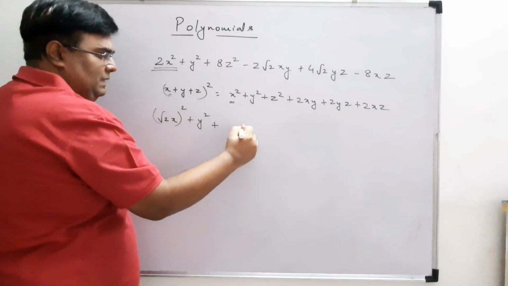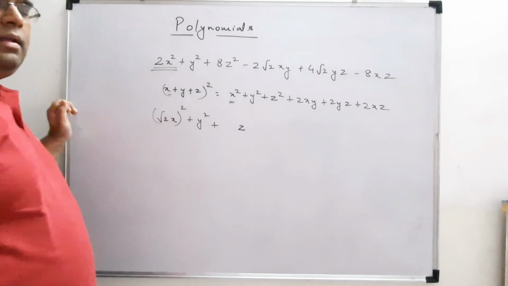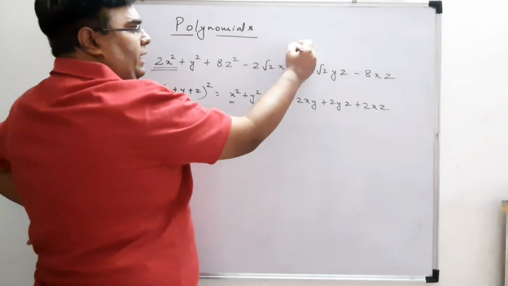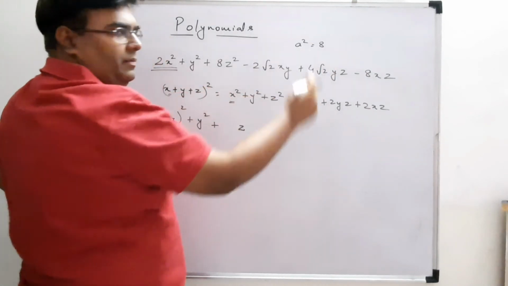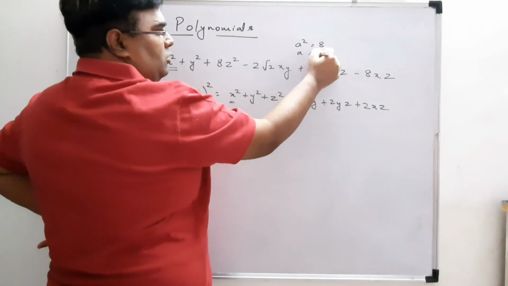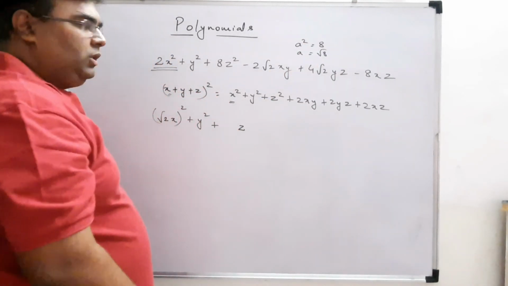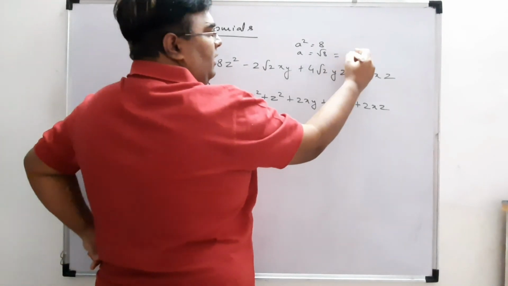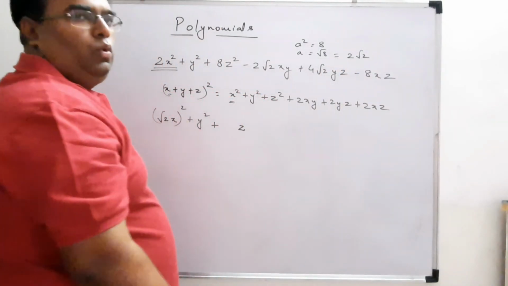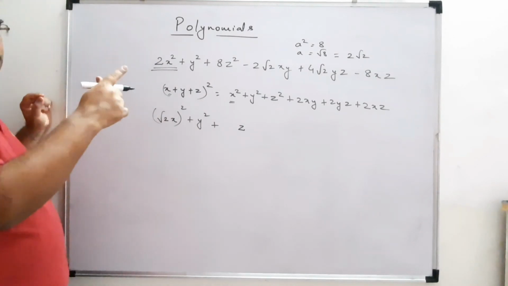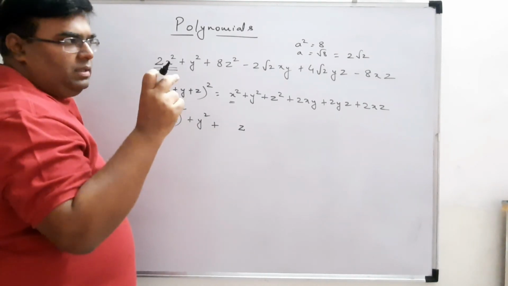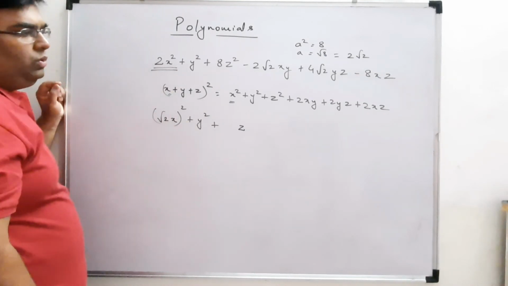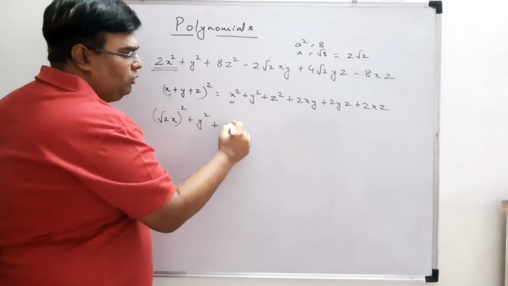So z is there, but how can you make a square of something? Let us say a square is equal to 8. So a will be the square root of 8. You can simply write square root of 8, or you can simplify and write 2 root 2. Same thing, because from 8, 4 is a factor, and the square root of 4 is 2, so it will come out, so it will become 2 root 2. So we can write 2 root 2.